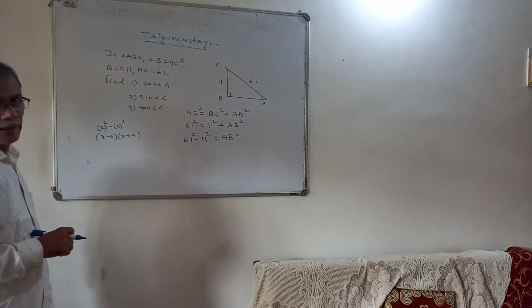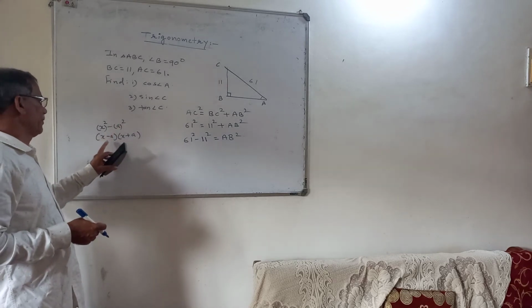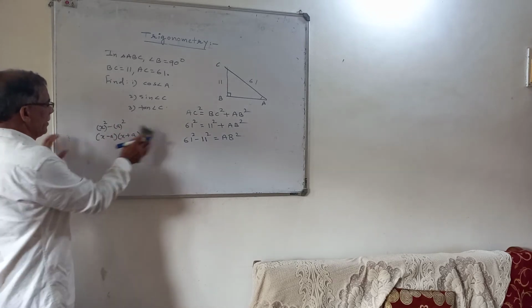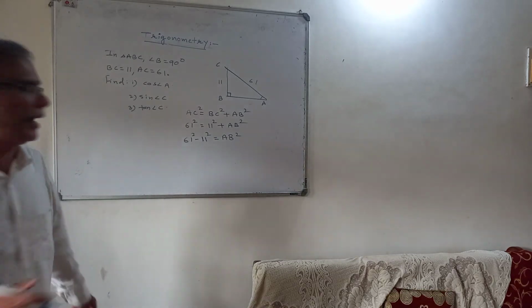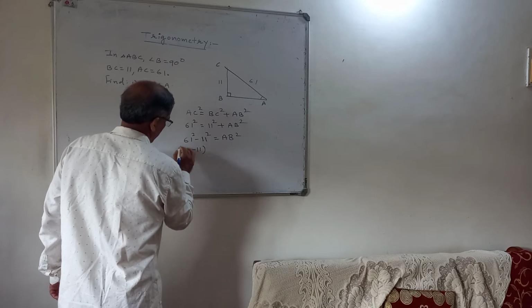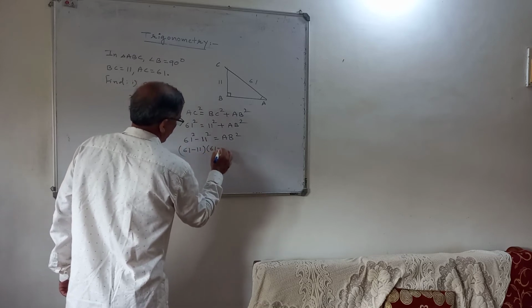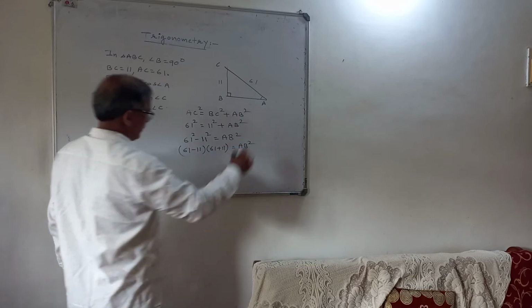Isn't it? We studied it last year. Now it is 61 square minus 11 square. We can factorize it like 61 minus 11 into 61 plus 11 is equal to AB square.